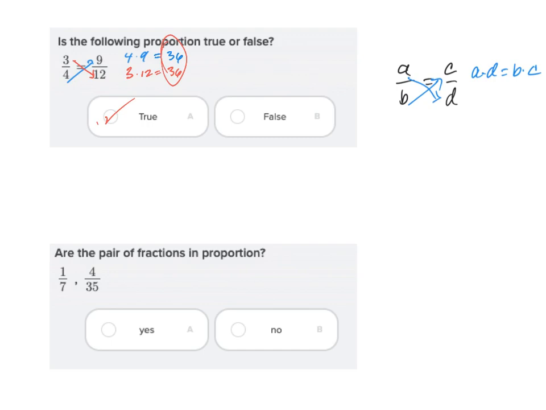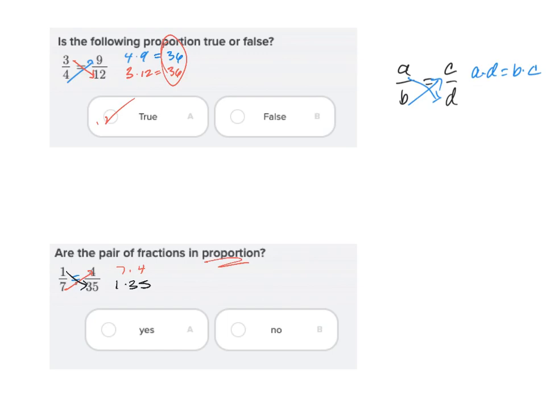So when we look at the second set of fractions, we're going to do the same thing, because when it says they are proportional, what that means is we're going to put an equal sign there. That's what we want to know. Are these two equivalent? Okay, so again, we'll do the 7 times 4, and we'll do the 1 times 35.